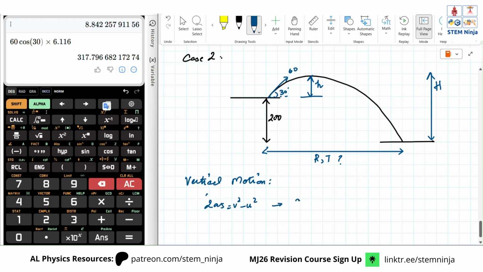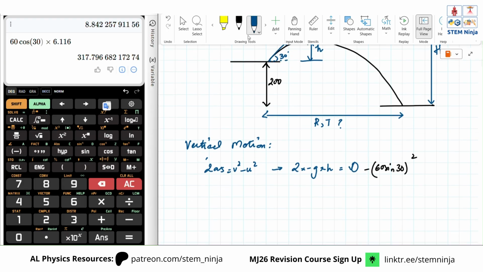Transform it into vertical motion: 2 times minus g times h equals v squared minus u squared. The vertical velocity would be 0 at this point, minus u squared would be 60 sine 30 squared. 60 sine 30 is 30.